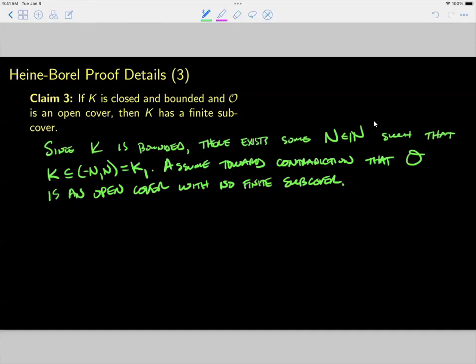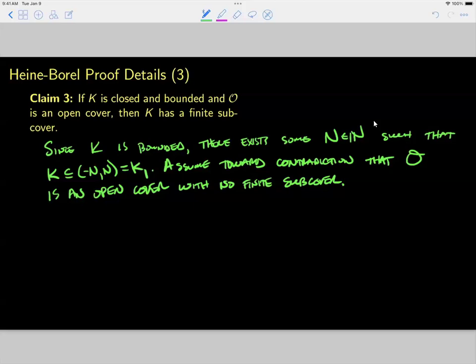I'm going to take this interval K1 and think about cutting the interval in half. I'm going to look at the interval from minus n to 0 and the interval from 0 to n. I only want to take one of them.